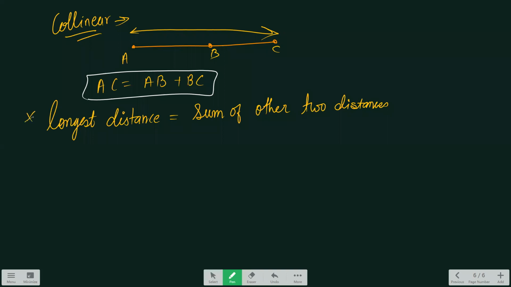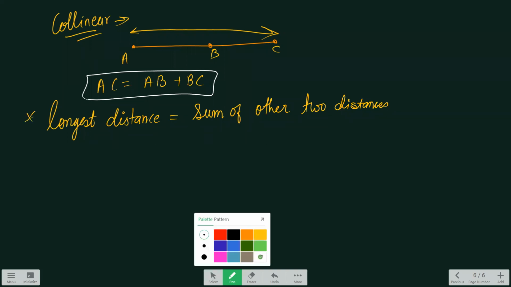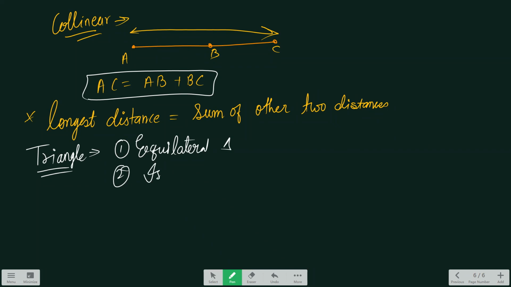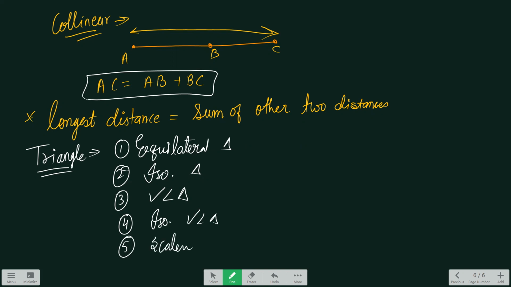Okay, now next one is triangle. Okay, so there are several triangles and one of them is equilateral triangle, second one is isosceles triangle, third one is right angle triangle, fourth one is isosceles right angle triangle, and fifth one is scalene triangle.